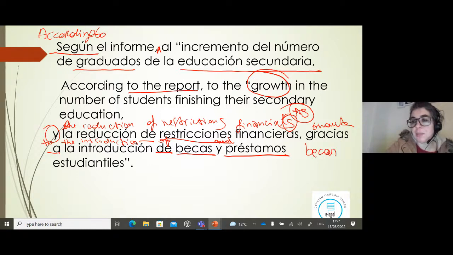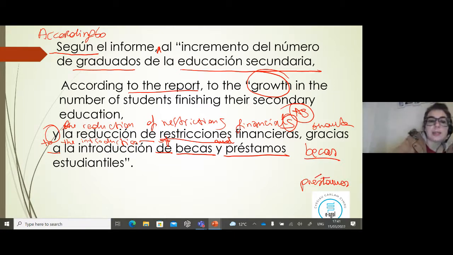What does becas mean? You could create some flashcards and make sure that you're memorizing this word. What about préstamos? Estudiantiles, so it's for students, it's related to students. So becas is funding and loans.